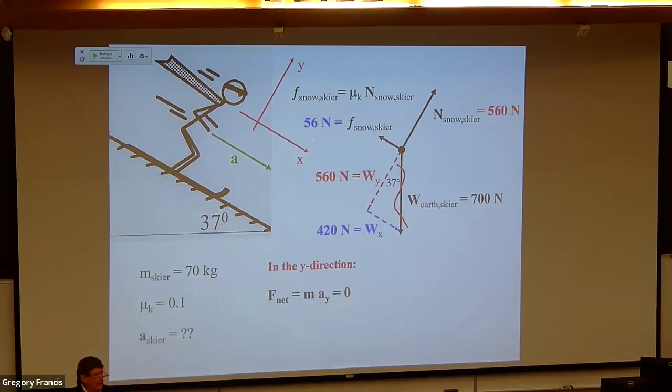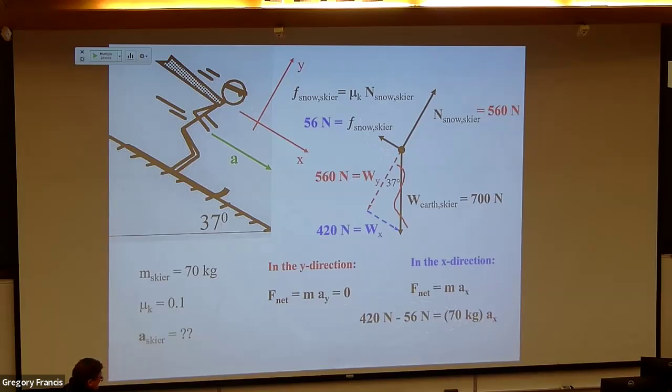Okay. Now we can use Newton's second law in the x direction. In the x direction, F net is just add up all the forces, but add them as vectors. I've got 420 down the ramp in the positive x direction. I have 56 newtons up the ramp in the negative x direction.